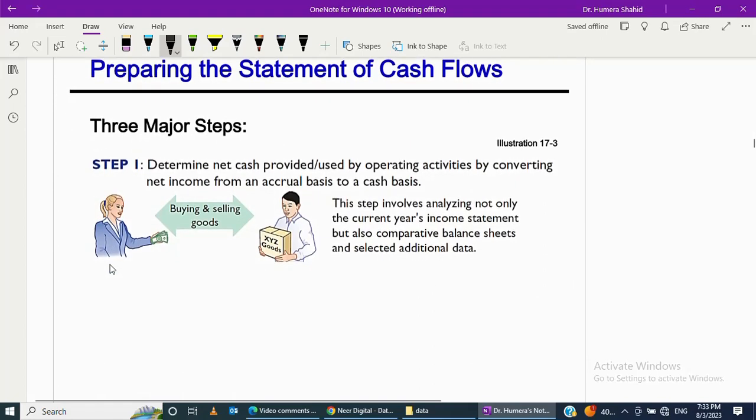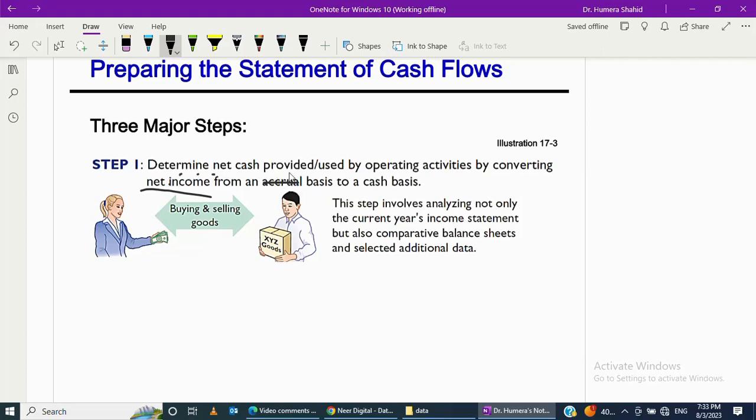So there are 3 steps you will use to prepare the statement of cash flow using the indirect method. Number 1, firstly you will calculate the operating activity section. How will you do that? You will start from the net income, pick it up from the income statement and adjust it, because it's an accrual based net income. In the income statement everything is accrued; accruals are taken, and cash is also taken.